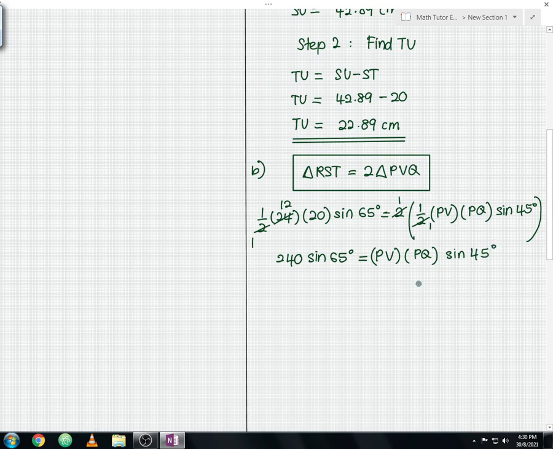In order to find the product of PV times PQ, you do 240 sine 65 degree, divide with sine 45 degree. So PV times PQ, you should get 307.6111. This will be your equation number 1.